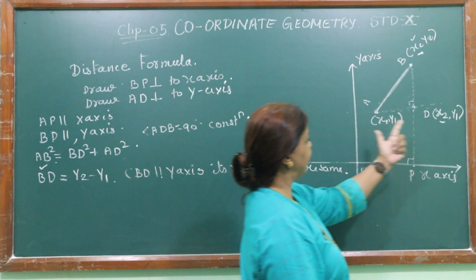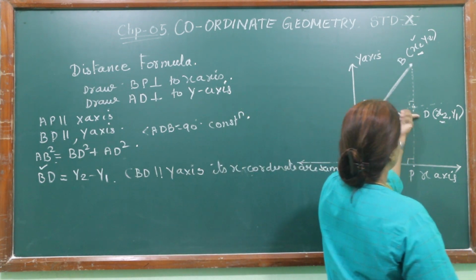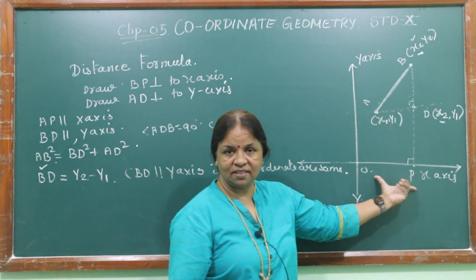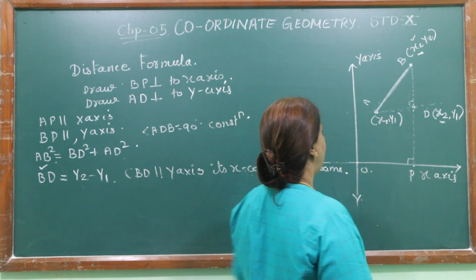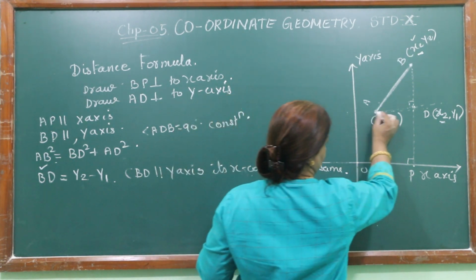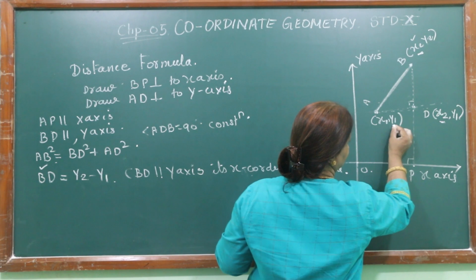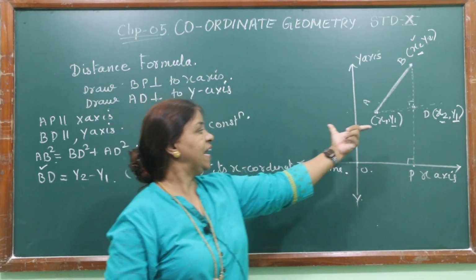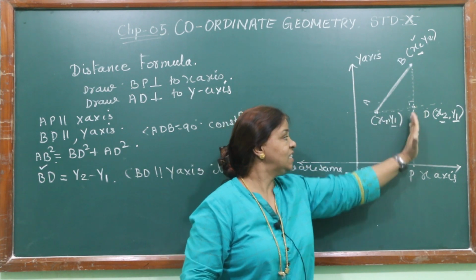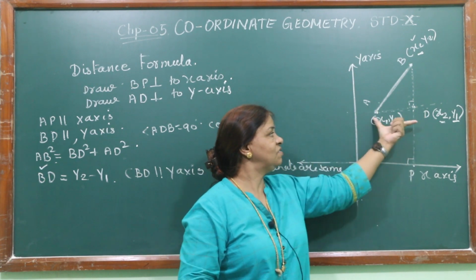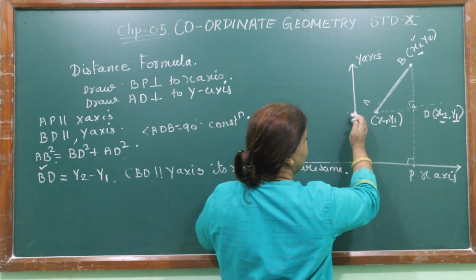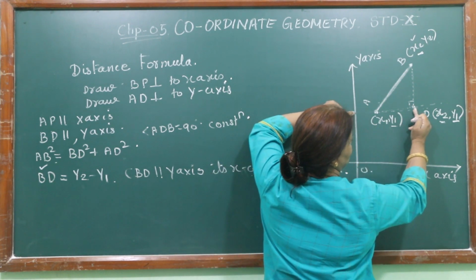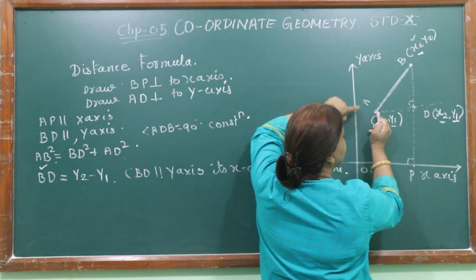Let us find AD. See, AD is parallel to the x-axis, children, and its y coordinates are the same. So to find the AD distance, what? Larger distance minus the smaller distance will give you AD. From here to here is x2 and from here to here is x1.